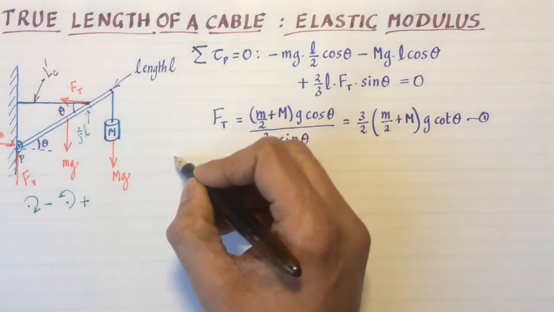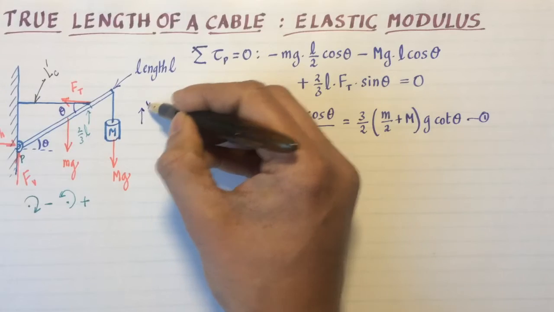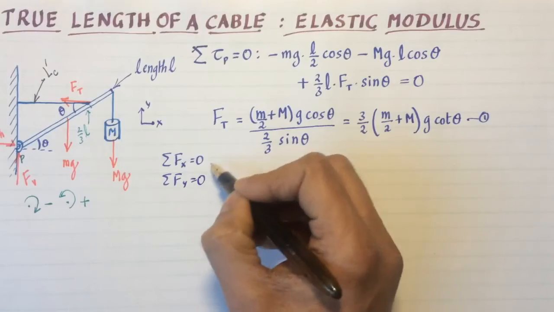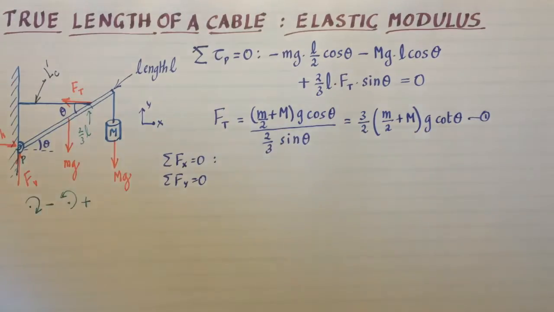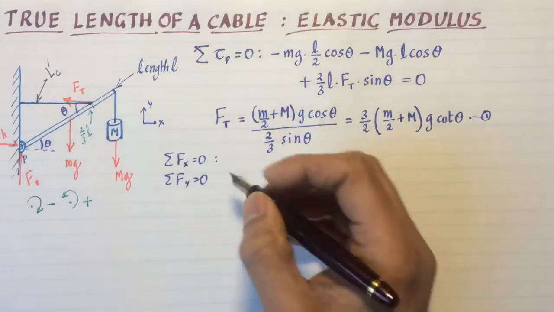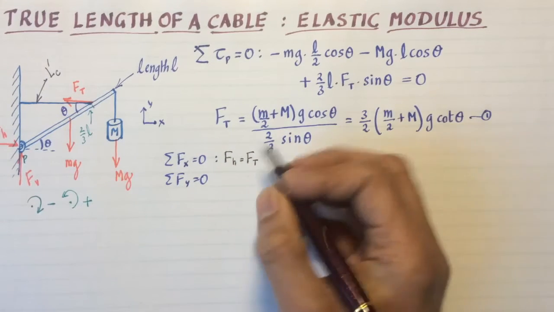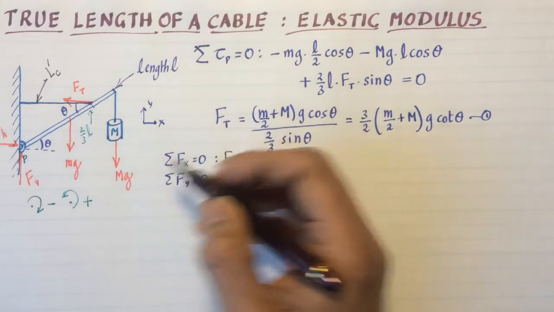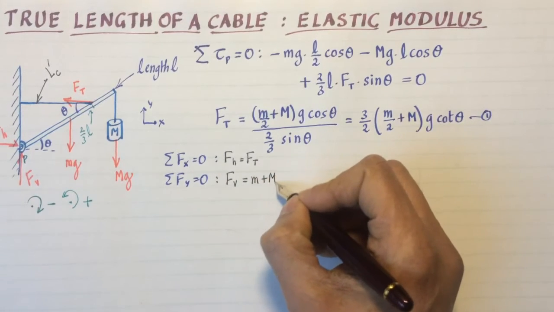And like I said, you can also do sigma Fx equals 0, where we can take this coordinate system to be like that, and sigma Fy equals 0. Let me just write that down for completion. Those equations will be F sub h equals F sub t, and here I get all the up forces equal to all the down forces, so F sub v equals m plus M times g.